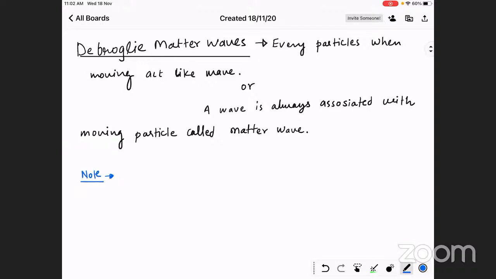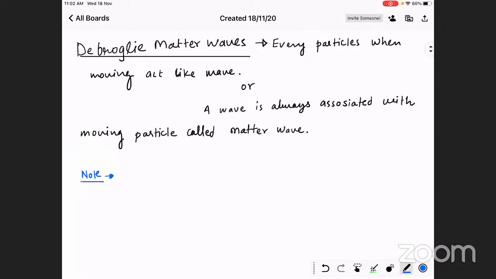We have a formula for only one wavelength, but if you study the Heisenberg uncertainty principle, you can understand that more than one wave is associated with a particle. But in general you can say that there is only one wave associated with a particle, according to its momentum.